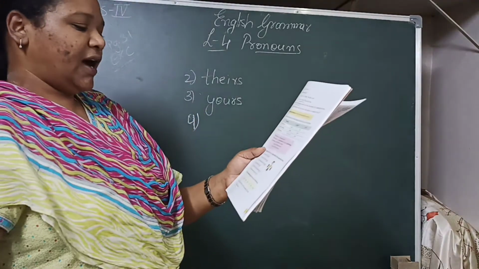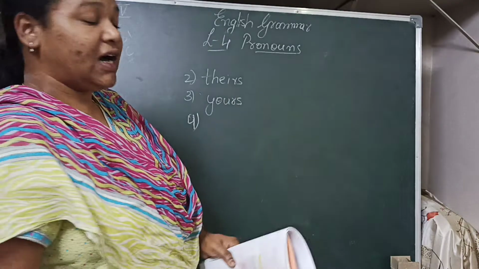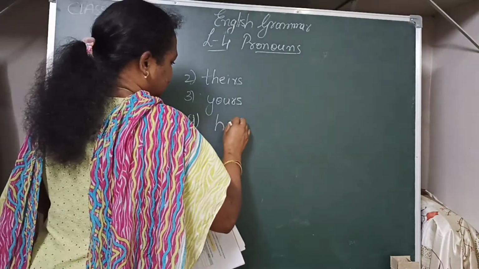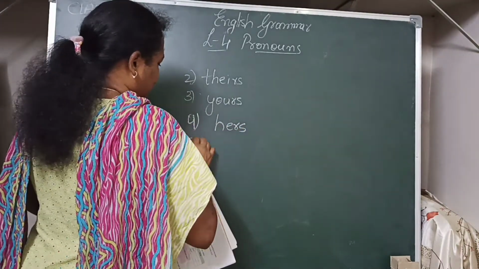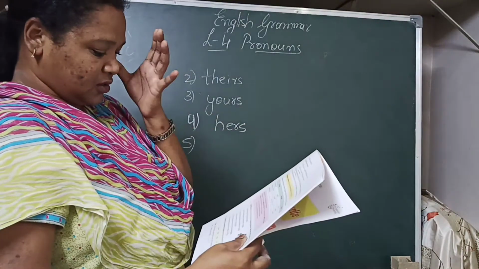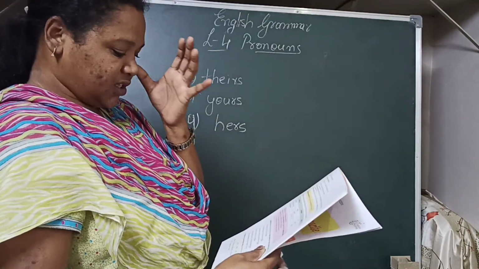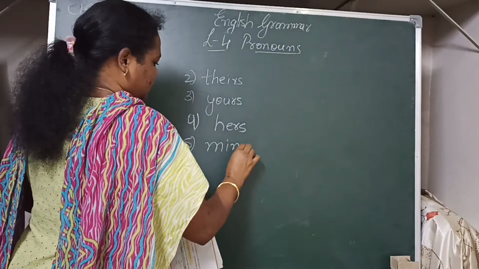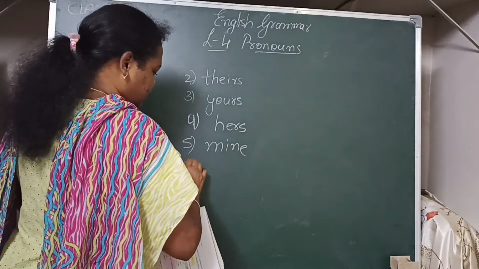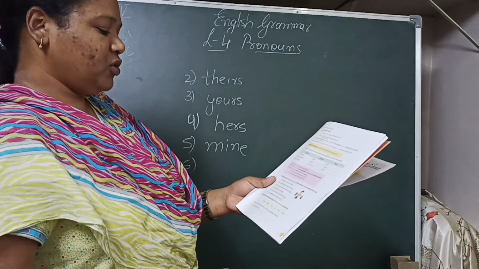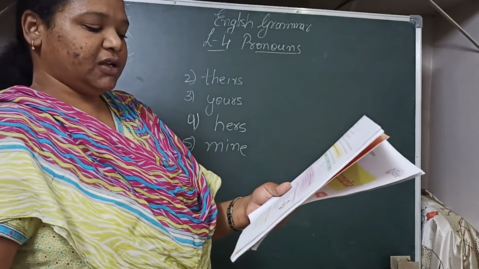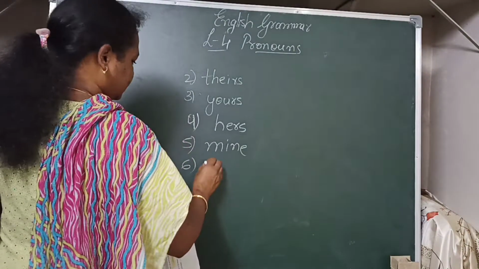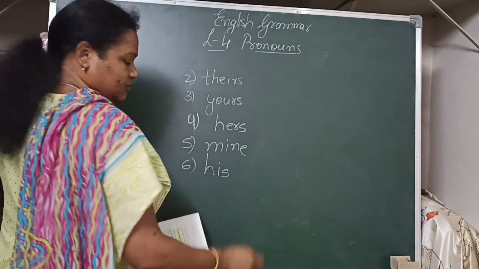Fourth one, I lost the pink hat, it was hers. Hers. Fifth one, Tara forgot her book, she can borrow mine. So all these are possessive pronouns. The red notebook is on the table, it is his. Note down.